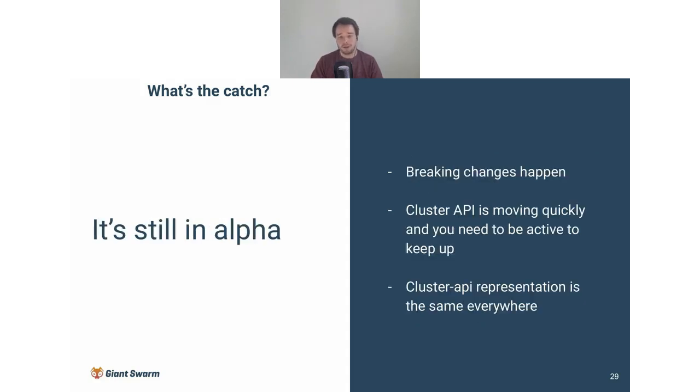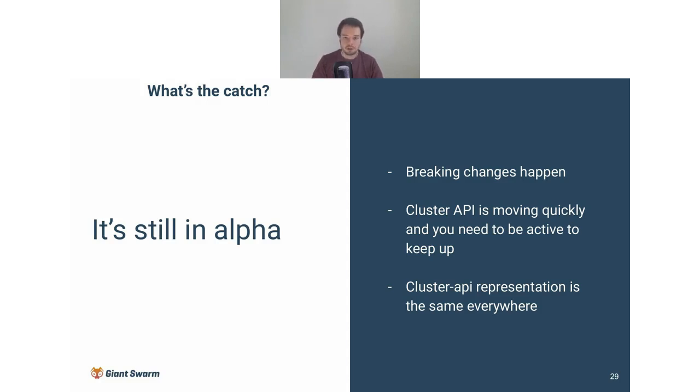And now, a rather minor disclaimer, but I still want to be honest and open about it: it's still an alpha project. If you go to Cluster API upstream, so Kubernetes SIG Cluster API, it's at v1alpha3 right now. And the next one is going to be v1alpha4, probably at the end of April. So there are still breaking changes happening, and the whole project is moving rather quickly.